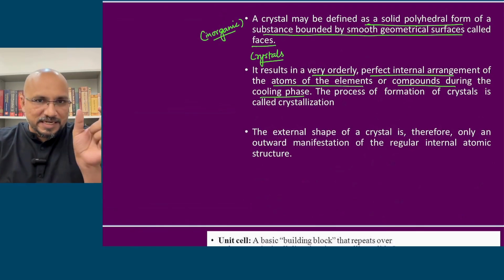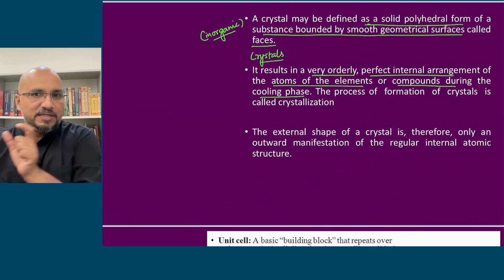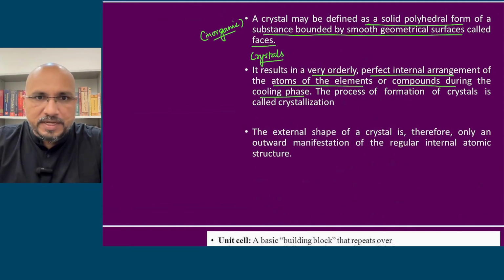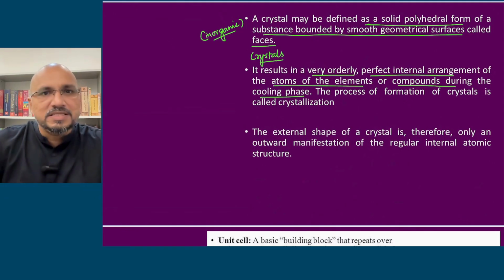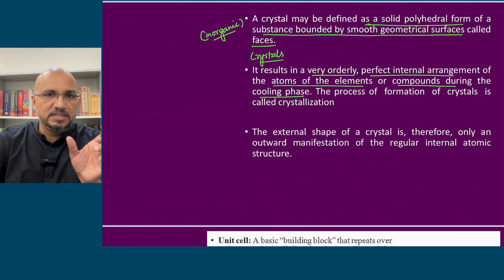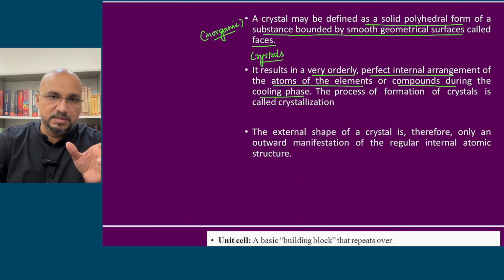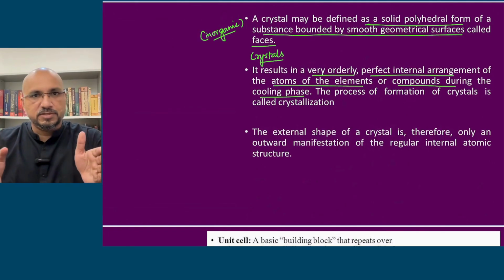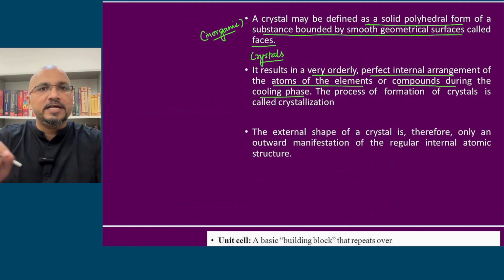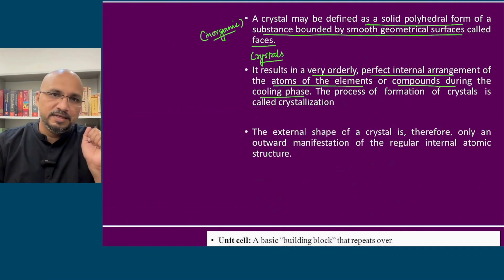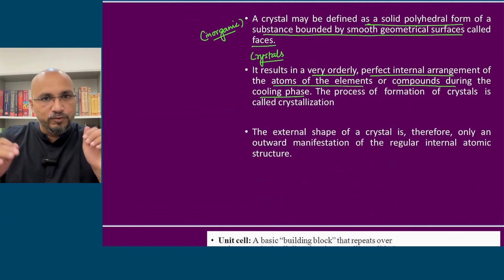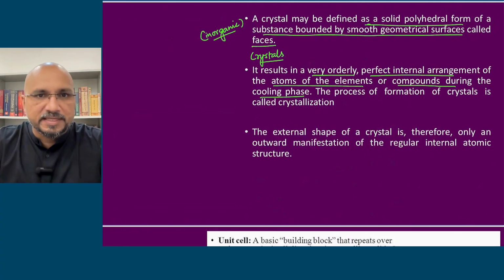So in crystals there is a definite and orderly arrangement of atoms of elements. Basically the form of a crystal, the outward manifestation, how the crystal appears outwards, is because of the orderly arrangement of atoms inside the crystal. The internal arrangement of atoms is what gives it its shape or form.